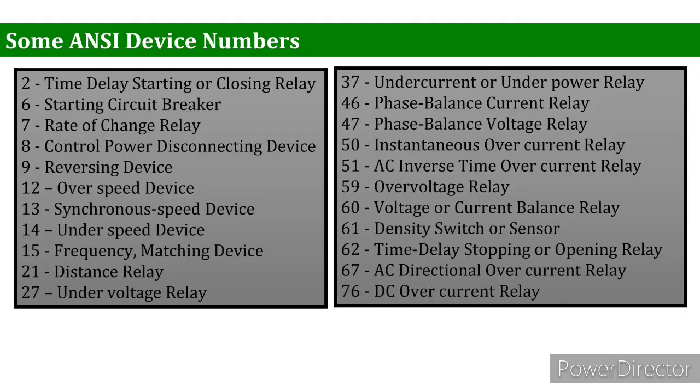Like some of the ANSI device numbers: we have 27 for under voltage relay, 21 for distance relay, 14 for under speed relay, and so on and so forth. There are a number of devices. So the point to be remembered here, when we talk about single line diagrams that you get in industries for the system reading, is that you don't need to write the name of the relay.